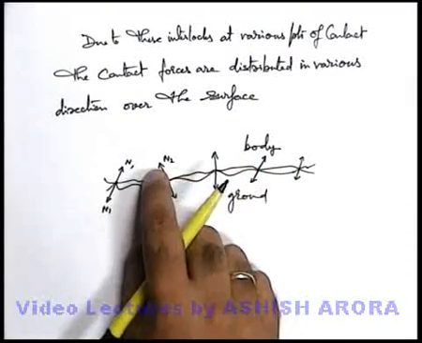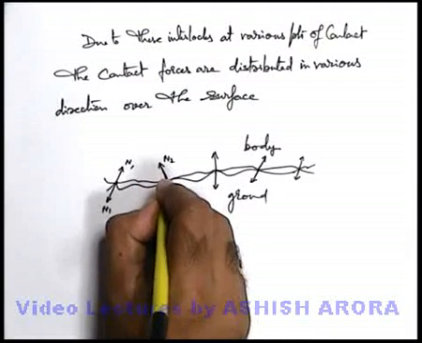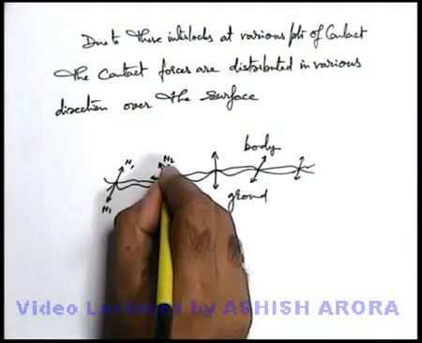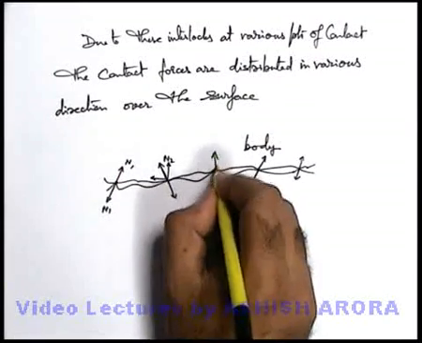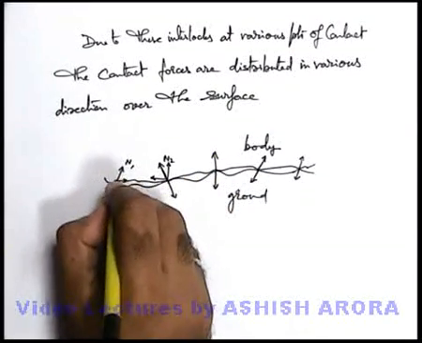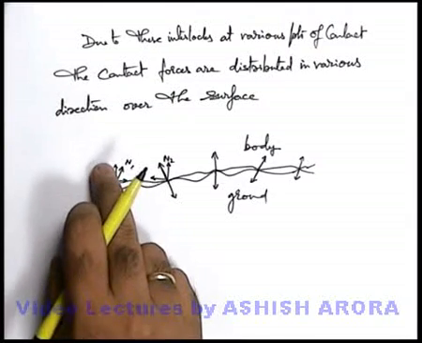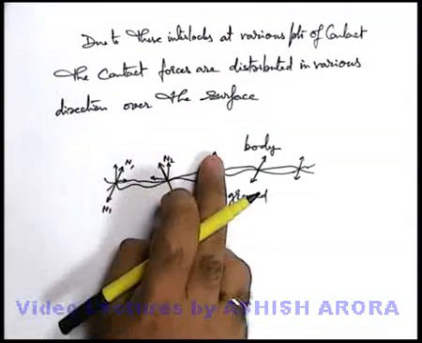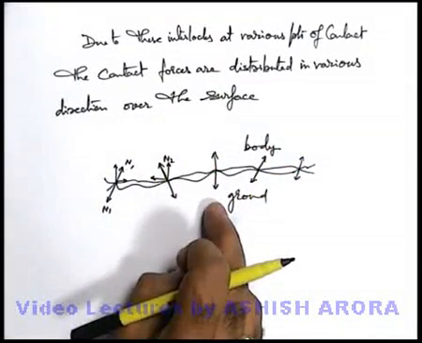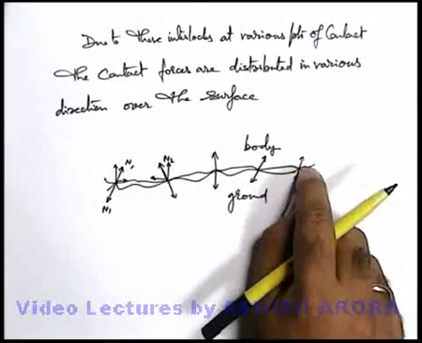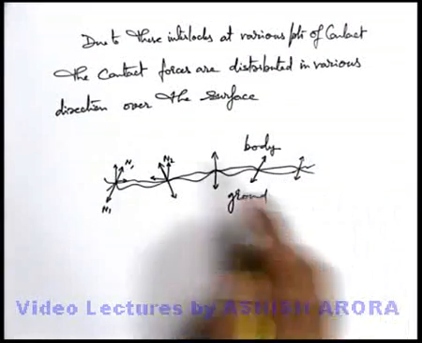All these contact forces have one component in the horizontal direction. If we talk about this N2, it has one component in the horizontal direction, the other in the vertical direction. And all these contact forces have one horizontal component and one vertical component. The vertical components of these contact forces are all added up and they balance the weight of the body. And all these horizontal components of the contact forces cumulatively we define as friction.